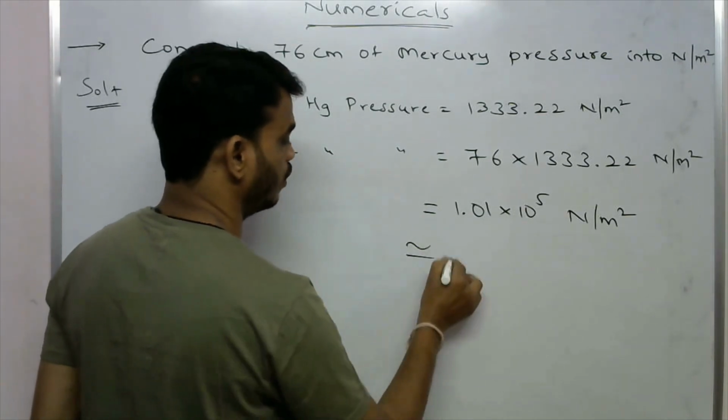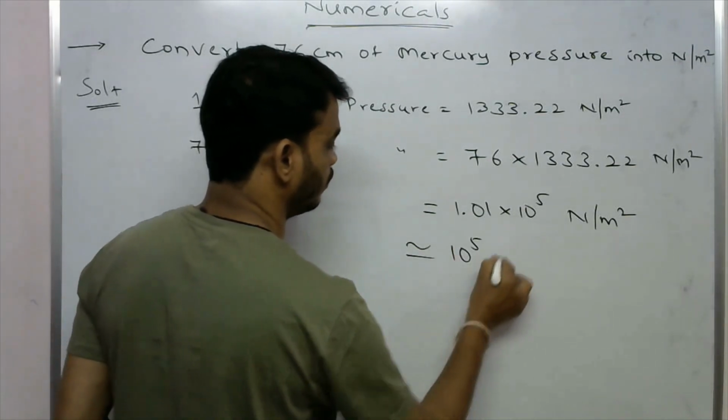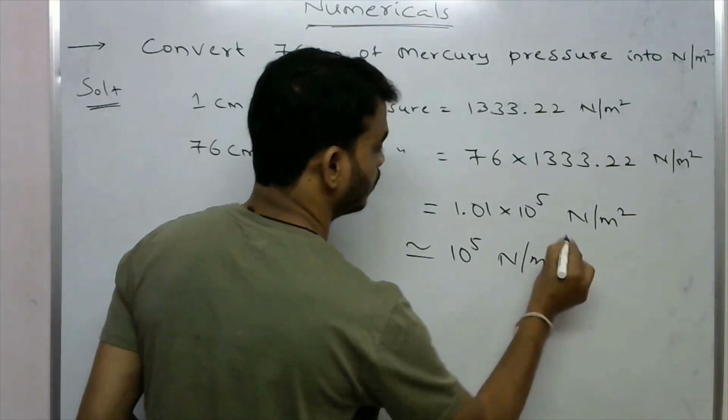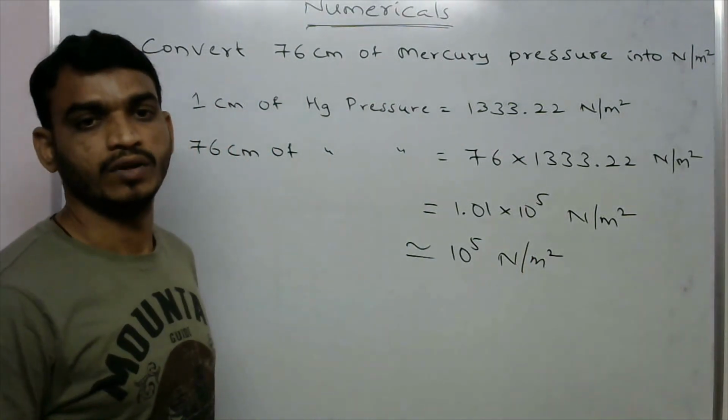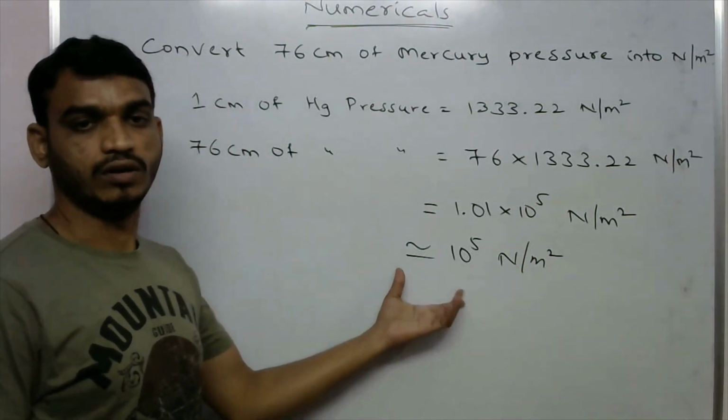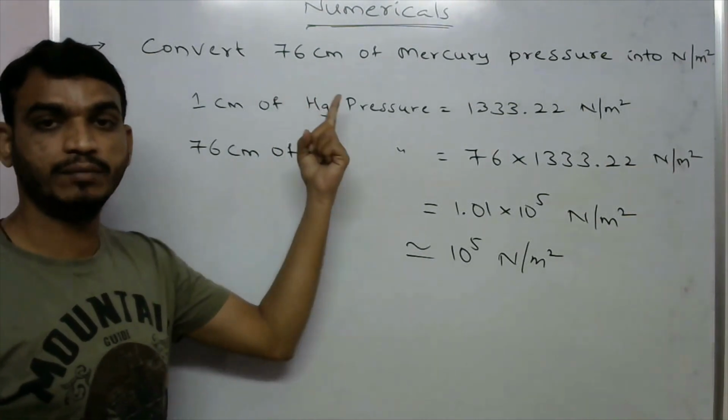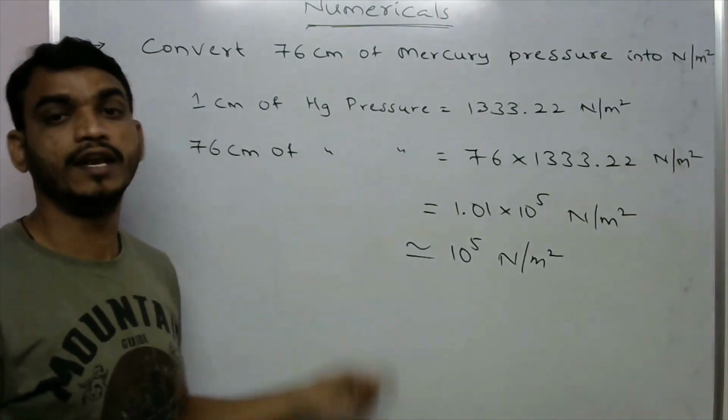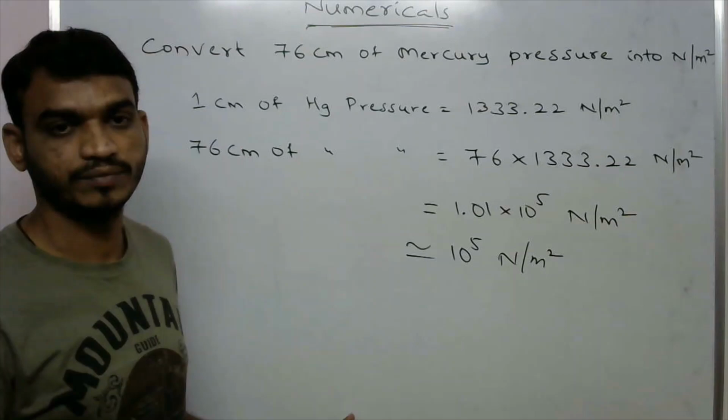Generally we take 10 to the power of 5 Newton per meter square. So this is the value of 76 centimeter of mercury pressure in Newton per meter square.